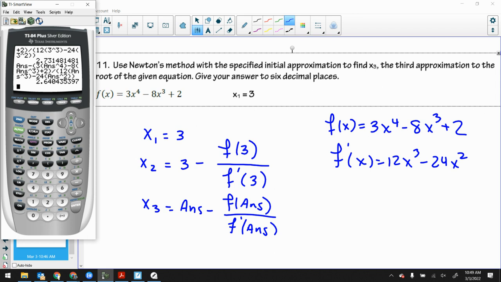And that's x3. So correct to 6 decimal places, 2.640435. That's what I have in my key as well. Does that make sense? So it's really just calculator work, honestly. Figuring out what f and f prime are, and then solving.